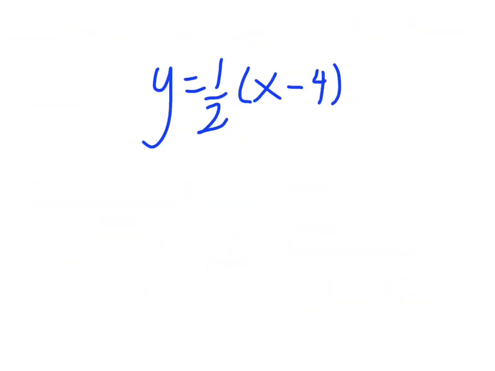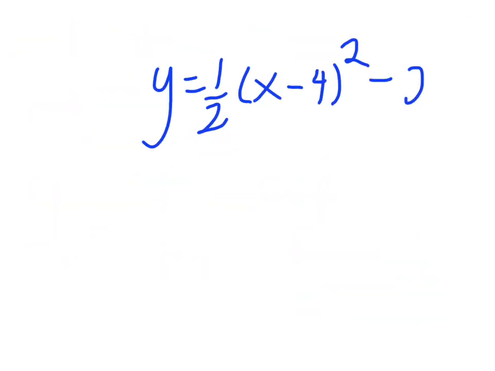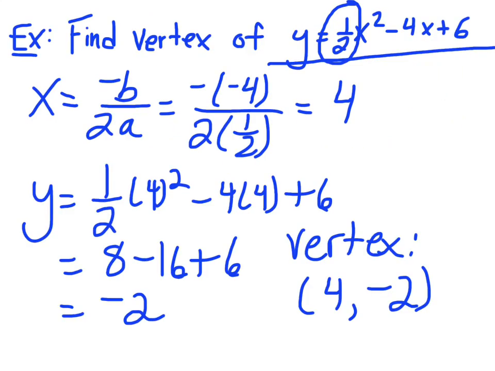So there's your x coordinate of the vertex, squared, and then minus 2. So that would be your vertex form. It also eliminates the need for completing the square when you're just trying to change form. That's another really interesting application of the axis of symmetry.